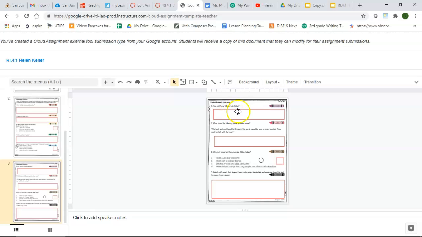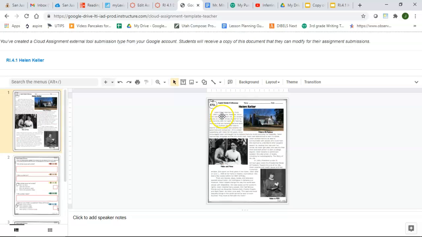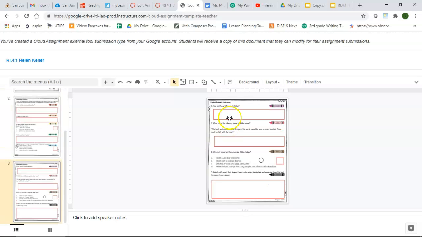Okay? So then you go to the next page, and you'll see, how did Anne Sullivan help her? So you go back into the text, read the text, find out who Anne Sullivan was and how she helped her. And then you come down, you double click in the box so that you get the cursor, and then you can type your answer. Number 8 right here is another one where you have to choose the right answer.